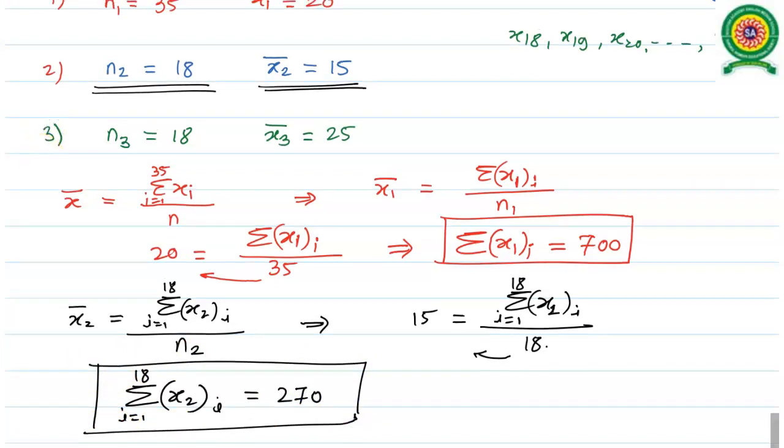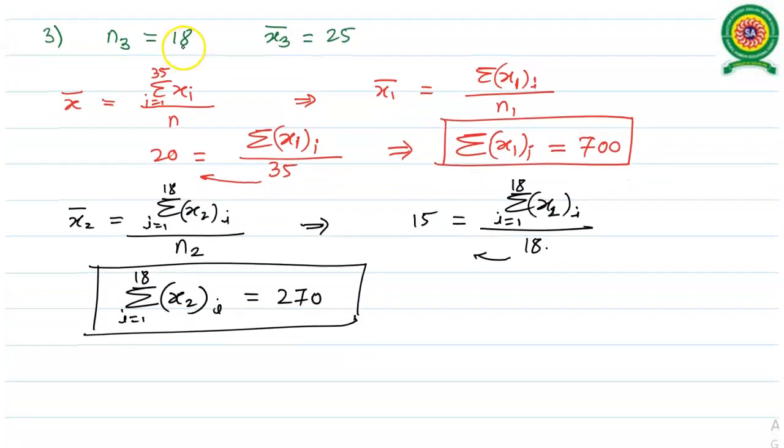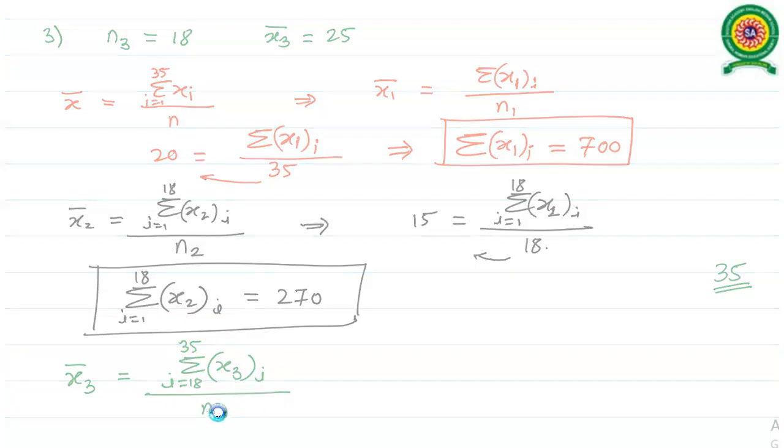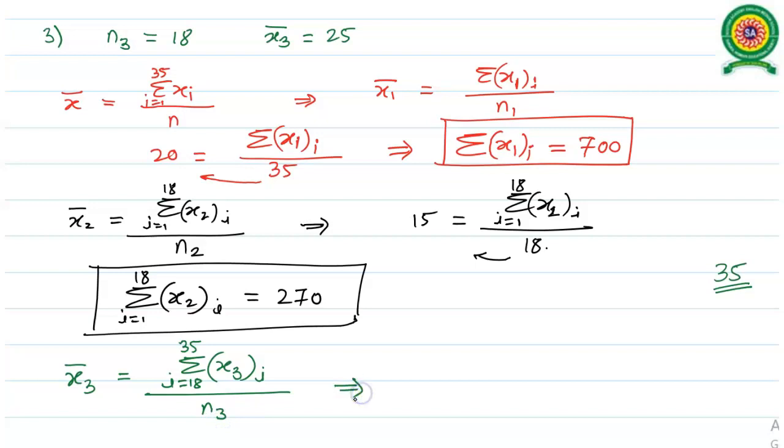Now look at the third case. In the third case, we have the last 18 observations among the 35 observations. That means x18, x19, x20, and so on up to x35. So we have to prepare the formula for finding the mean of the last 18 observations. x3 bar equals the sum of the last 18 observations, where i is running from 18 to 35, divided by the total number of observations, 18.